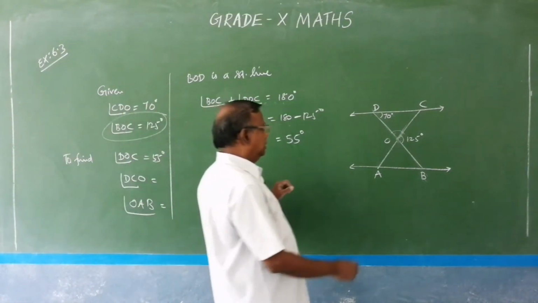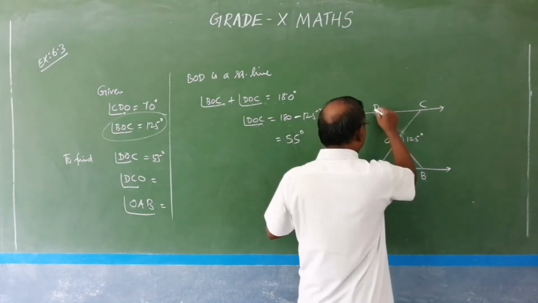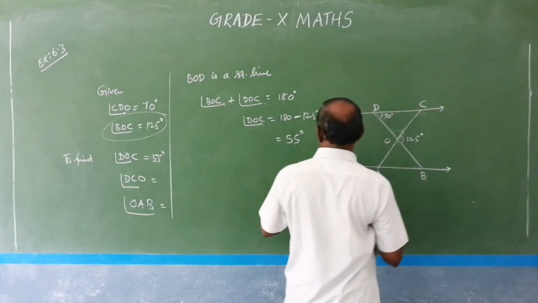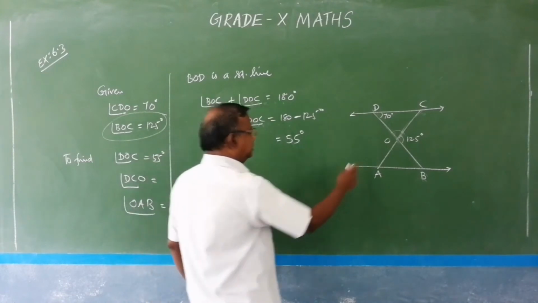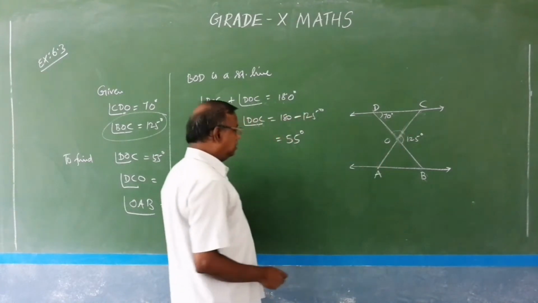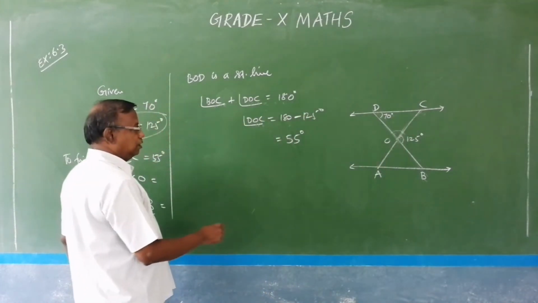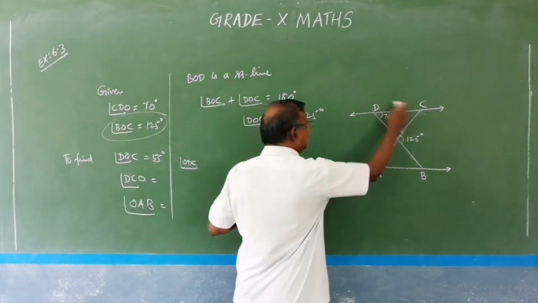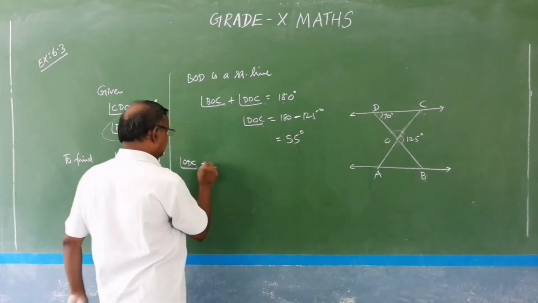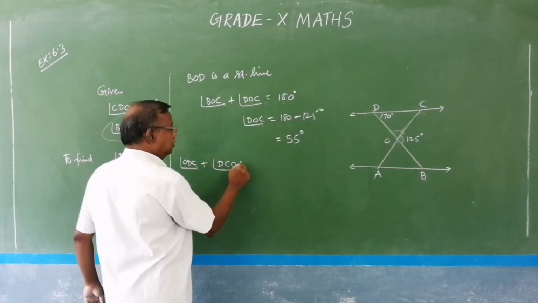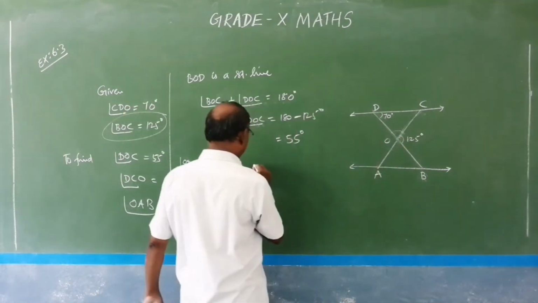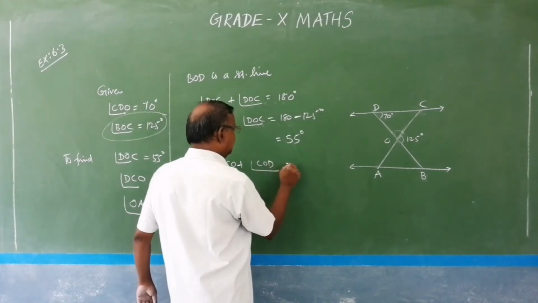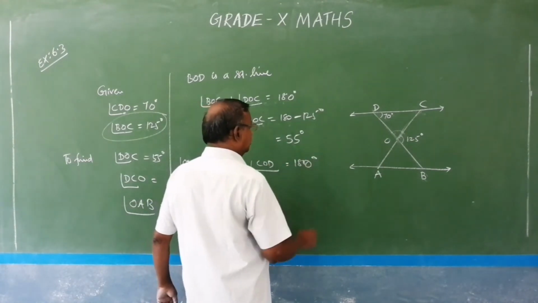Next one, angle DCO. In triangle ODC, the sum of these three angles is 180, that is angle ODC plus DCO plus COD equals 180 degrees.